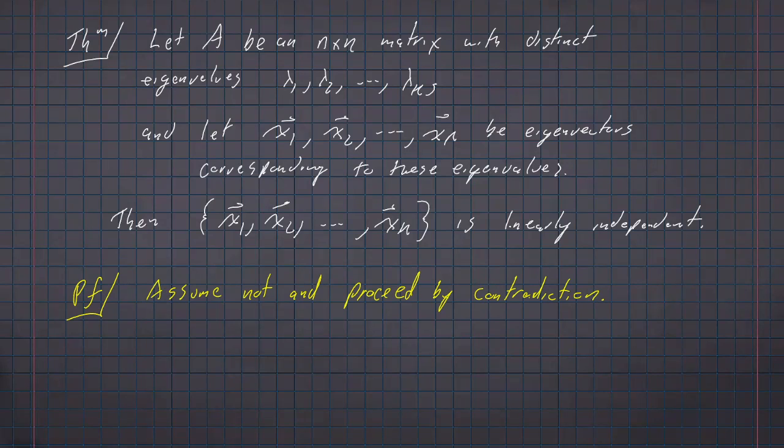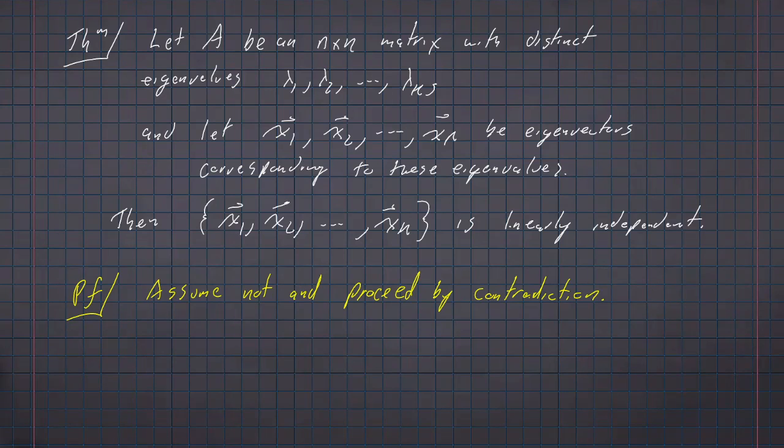The statement of this theorem doesn't quite give us enough information to really push forward with the whole idea of linear independence. So we need to make another assumption somewhere. The way we're going to do that is to proceed by contradiction.